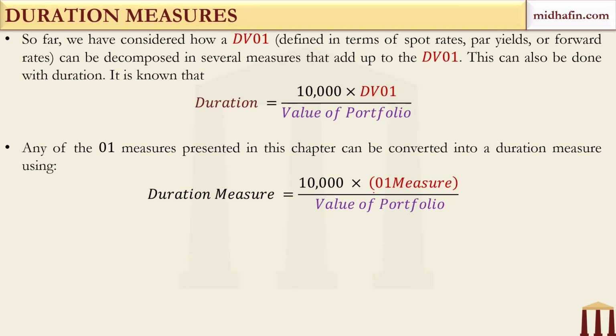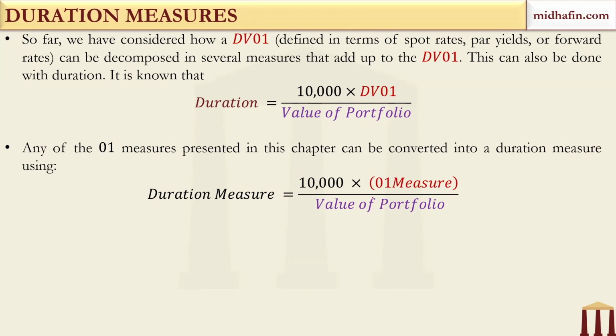Let's say your first KRO1 is 250. You will write 10,000 times 250 divided by the value of the portfolio. The second KRO1 is 540. You will write 10,000 times 540 divided by the value of the portfolio. Third KRO1 is 900. You will write 10,000 times 900 divided by the value of the portfolio. Then whatever the results are for the 3 expressions, just add them together. That will give you the overall duration of the bond.